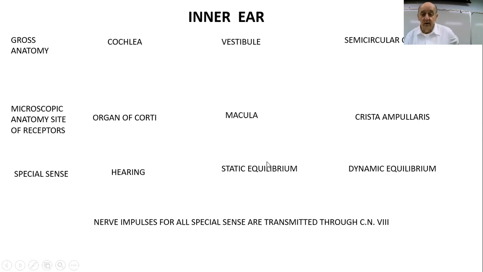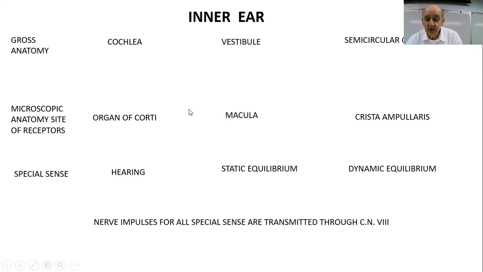What is this good for? This is sometimes called a proprioceptor, the receptors in the macula, because we are receiving information about the position of the head in three-dimensional space. So let's say you move your chin all the way to your chest. You bend your head forward.